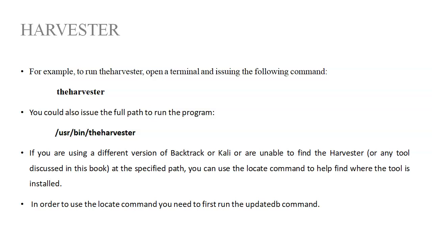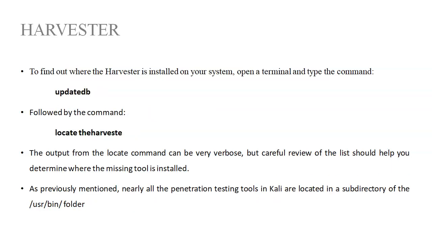In order to use the locate command, you need to first run the updatedb command. Next, to find out where theHarvester is installed on your system, open a terminal and type the command updatedb, followed by the command locate theHarvester.